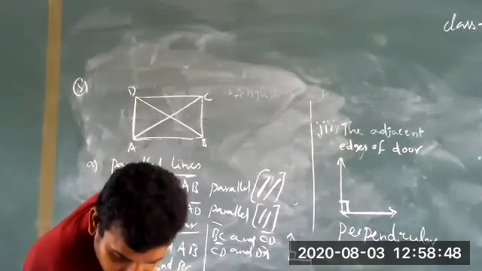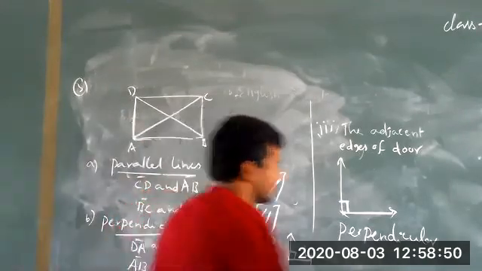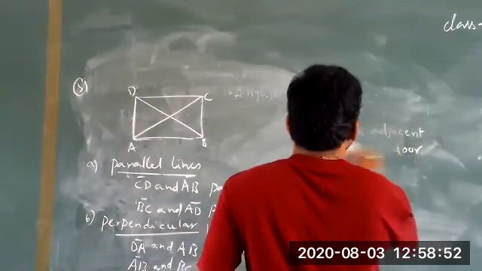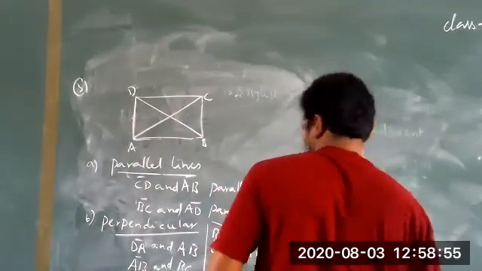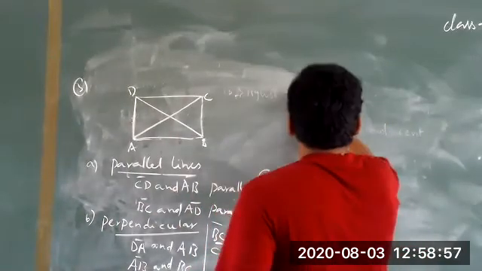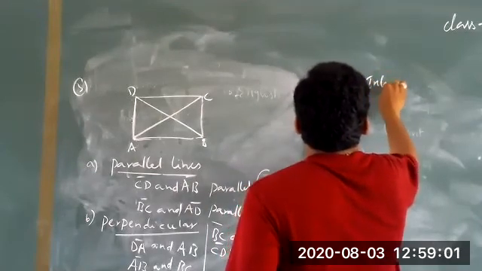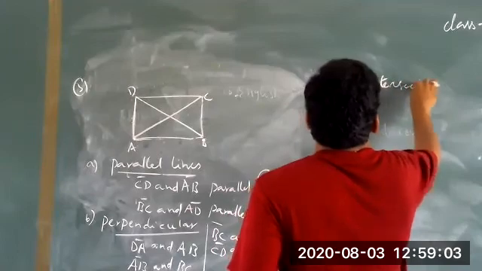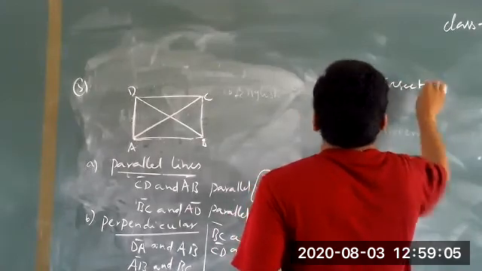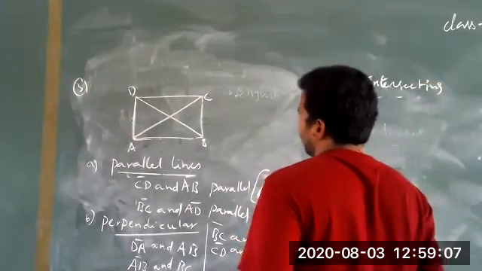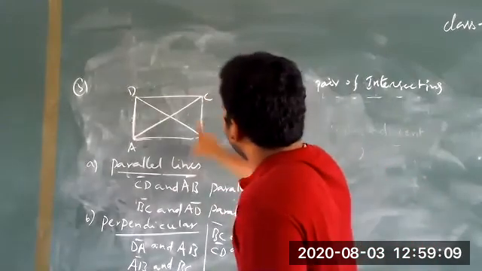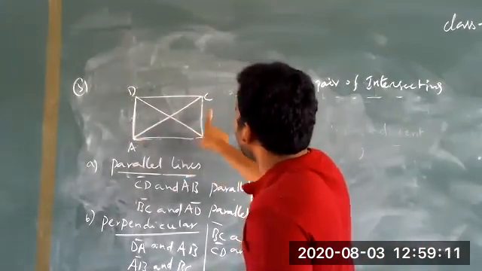Next, the pair of intersecting lines. What about intersecting? Take the diagonals AC and BD.